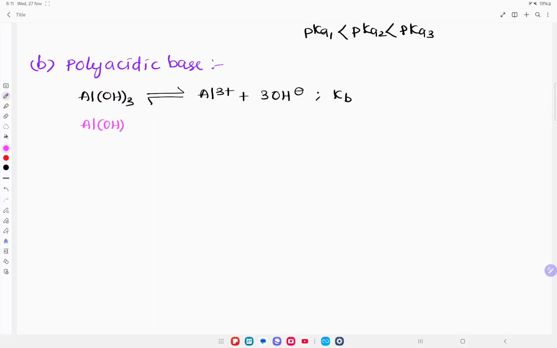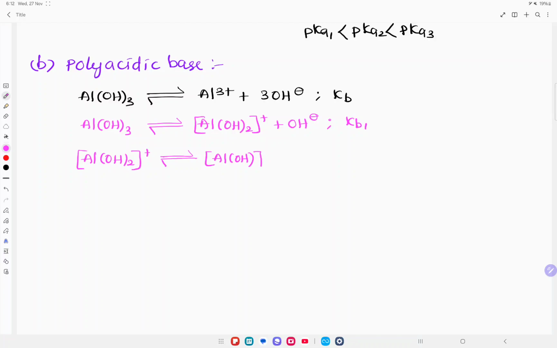Al(OH)3 in step 1 gives Al(OH)2 plus and OH minus. For this, the base dissociation constant is Kb1. Al(OH)2 plus in the second step dissociates to give AlOH 2 plus and OH minus.